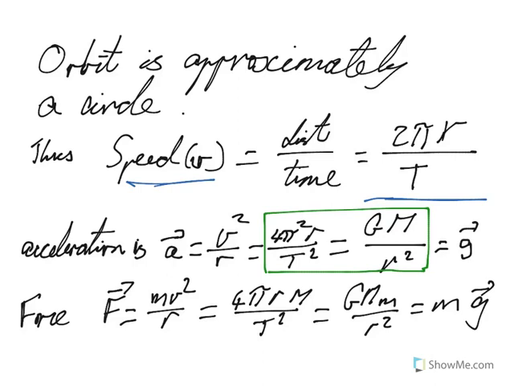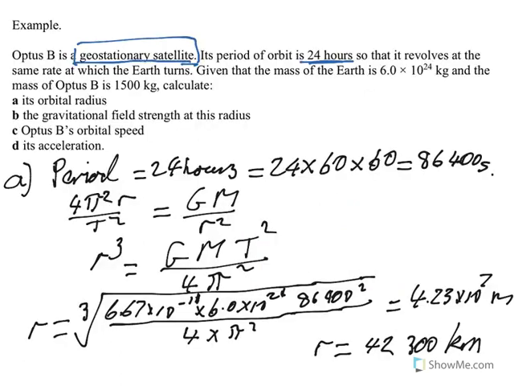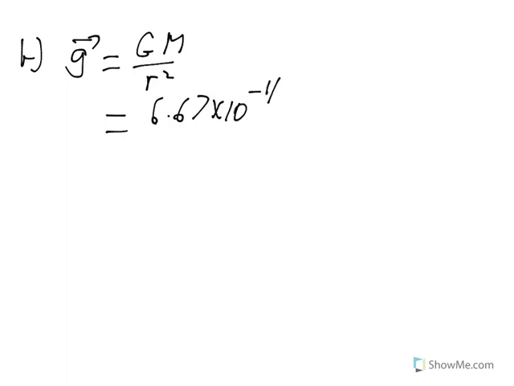The easiest one for me to use is that, because I now know what the radius is, and I know big G and big M. So g is big G, big M on r squared, and so that's 6.67 by 10 to the minus 11 times the mass of the Earth, 6.0 by 10 to the 24.